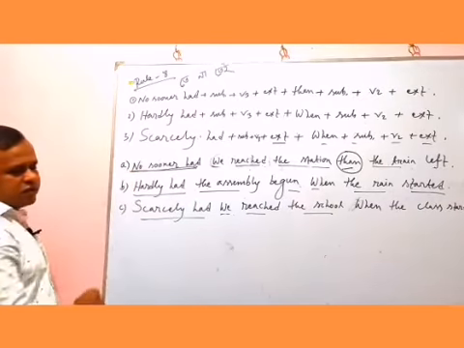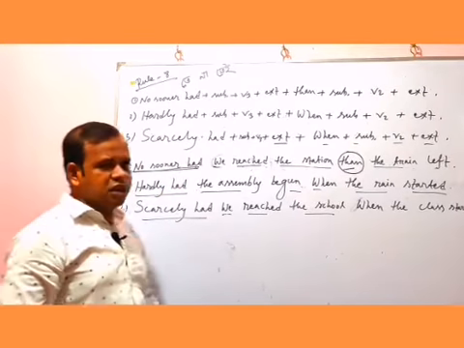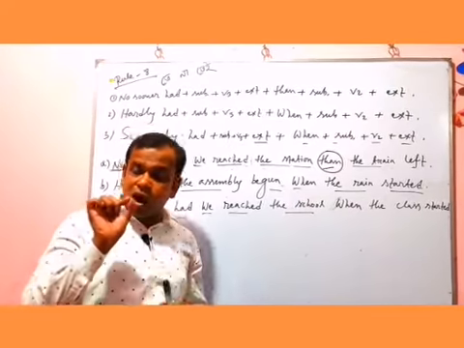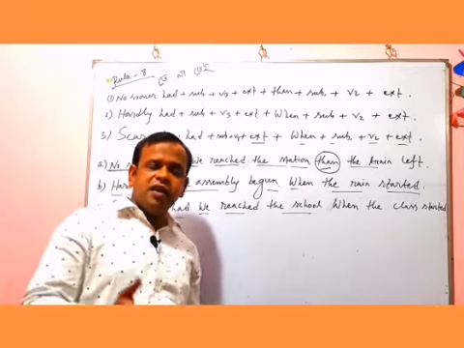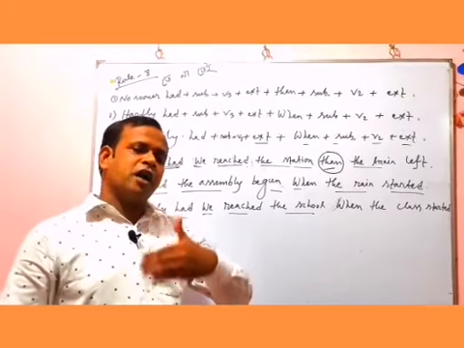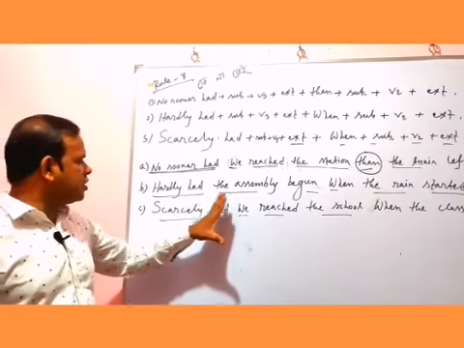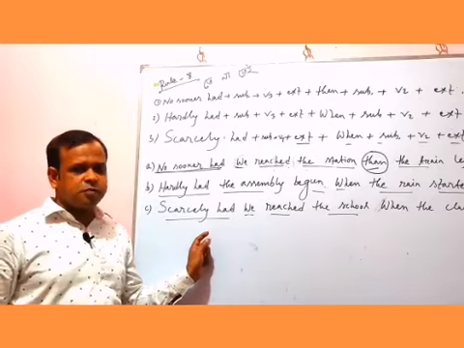Such kind of rules, that means scarcely had, no sooner had, hardly had, are used in that situation when one event happens, immediately another event happens. At that time we use no sooner had, hardly had, scarcely had.